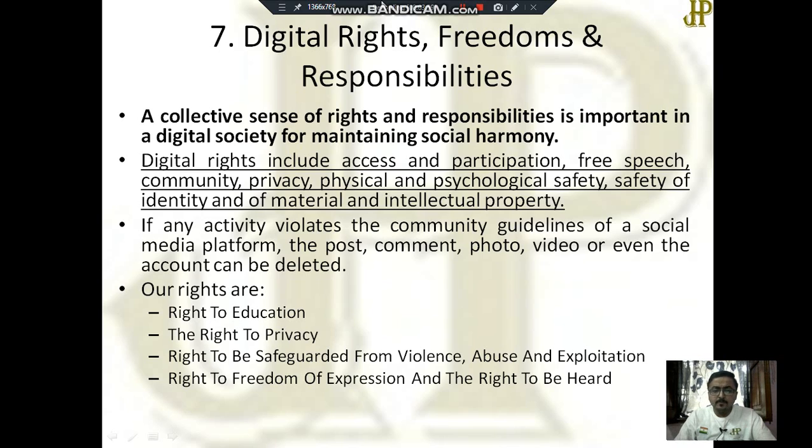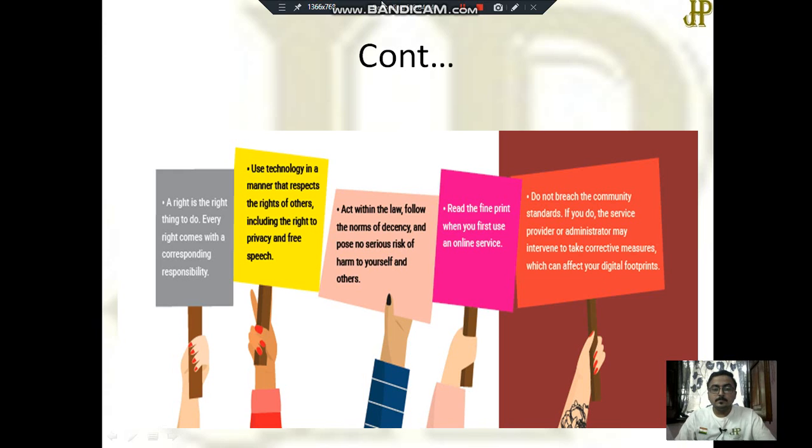If any activity violates the community guideline of a social media platform, that post, that comment, that photo, video or even the account can be deleted. So we have to know about our rights, freedom and responsibilities. Okay?